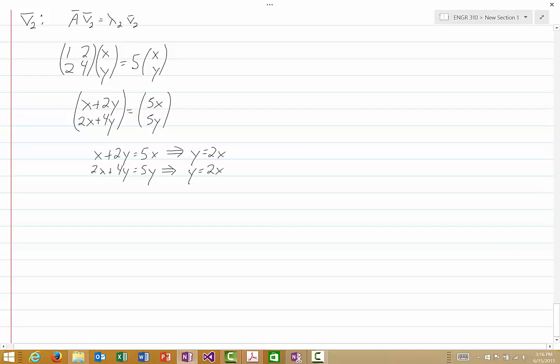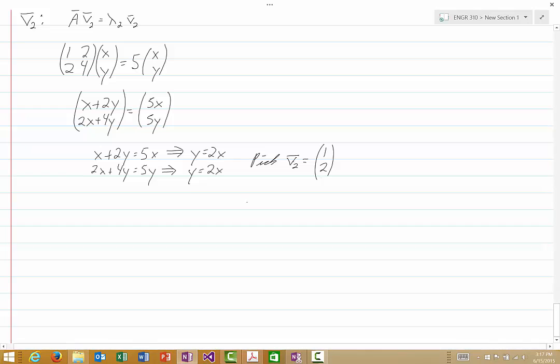So any non-zero vector in R2 that satisfies that equation will be an eigenvector of the matrix with associated eigenvalue of 5. And again, we'll keep it easy. We'll pick V2 is equal to 1, 2. Because surely for that vector, y is equal to 2x.